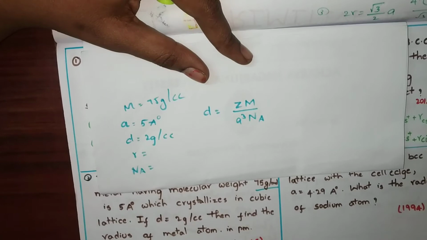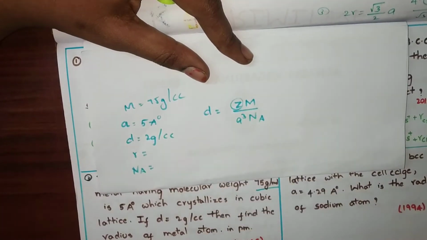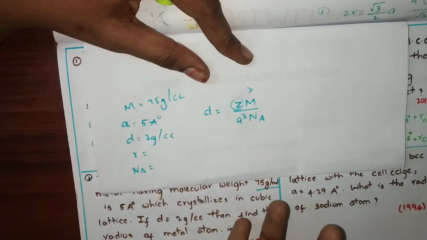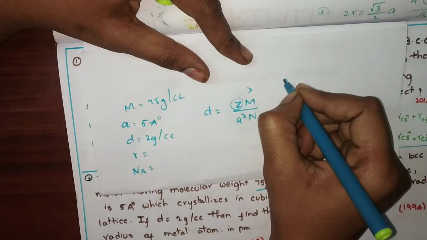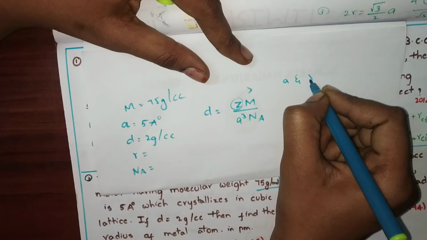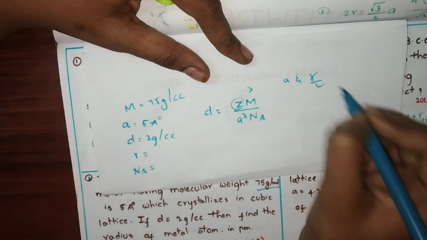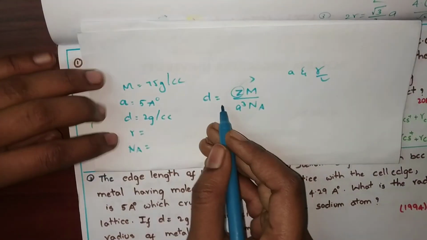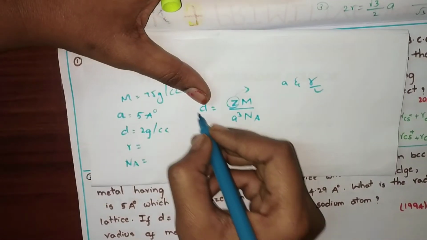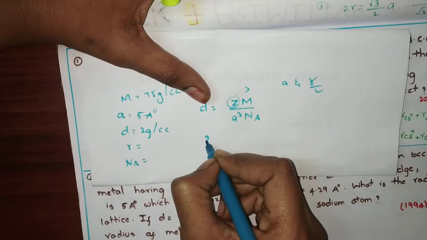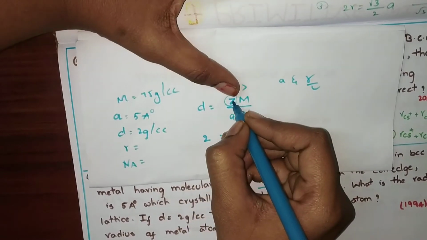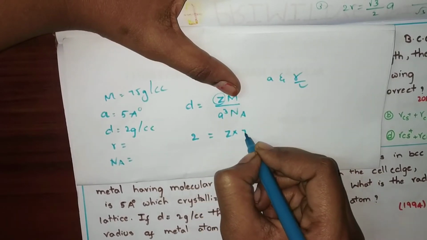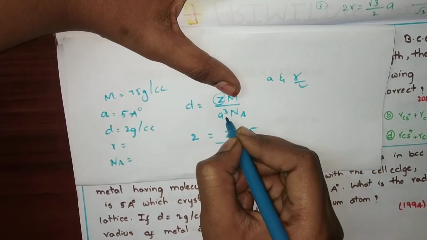From this, I will get the Z value. From the Z value, I will decide what the lattice is, and from that lattice, I will obtain the relation between a and r, and from that I will get my r. Okay, solve this. Density is given: 2 is equal to Z, which we don't know, into 75 by a cube.